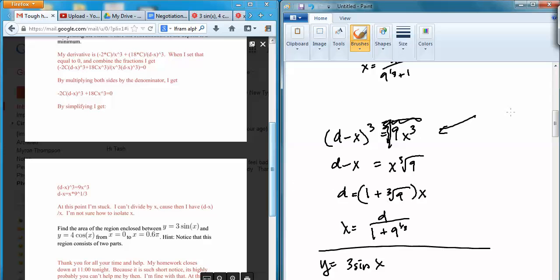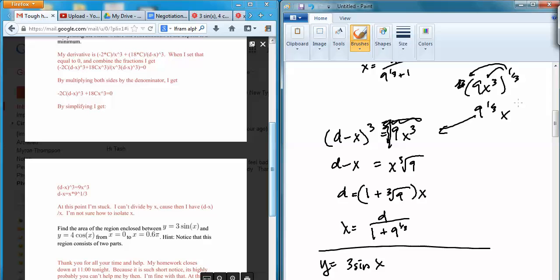The way you get rid of the cube on the left side is you take the cube root of it. I'll just put 9x cubed to the 1/3 power. This 1/3 applies to both of these, so this would be 9 to the 1/3 power, and this would be x to the 3/3 power, which is just 1.